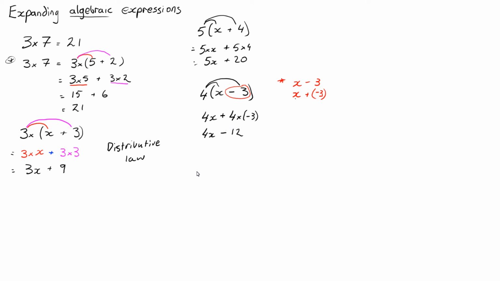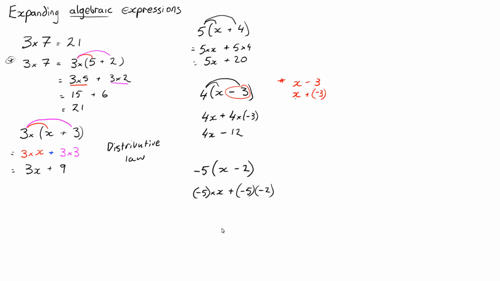I'll do another example here. Let's say we've got minus 5, and we're multiplying it by x take 2. This time, instead of 5 times x, I'm multiplying minus 5 times x, and then minus 5 times minus 2. Similar to what we did over here, where subtract 3 is the same as adding negative 3, instead of subtract 2, I'm adding negative 2.